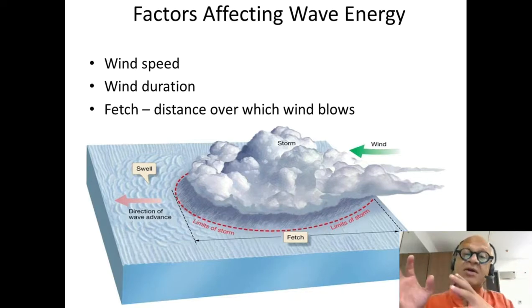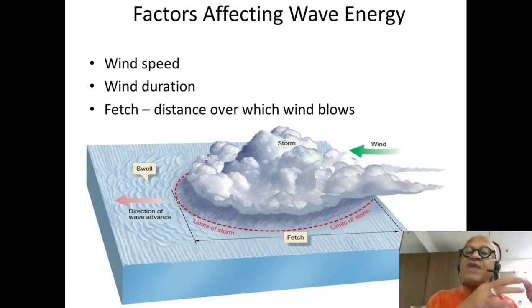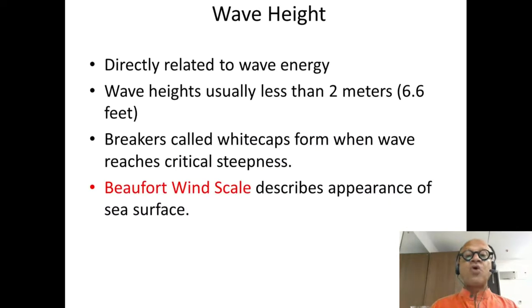So swell is basically this nicely sorted out waveform that peacefully keeps traveling along, as long as there's no friction damping it, and so on. So it's carrying this energy far away from where the storm is. Wave height is a direct indicator of how much wave energy is being carried.